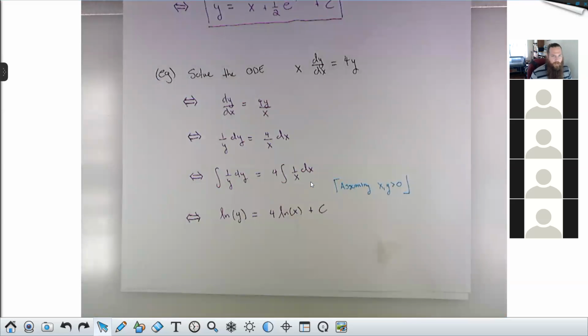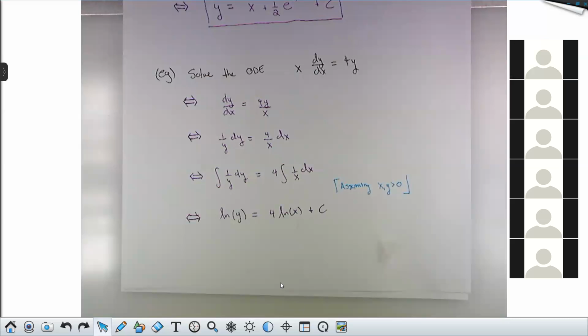Okay. Unlike the last problem, I don't have y equals some stuff. I have the natural log of y equals some stuff. So this is what's called an implicit expression, an implicit solution. How can I get an explicit solution? Multiply both sides by e. I think you're thinking the right thing, but it's not multiplication that we need to do.